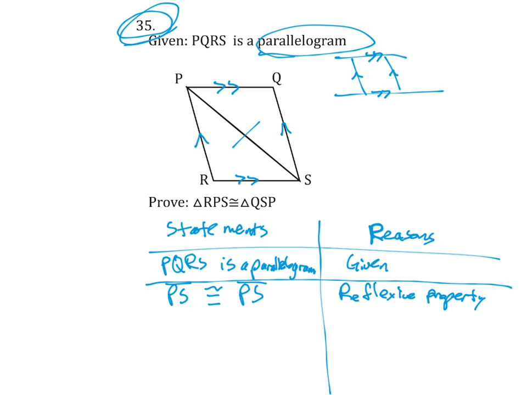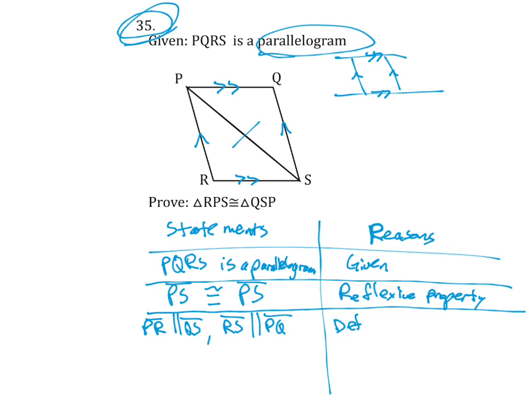And so I'm actually going to write that down. That's going to be an important part of this proof. So I got side PR is parallel to QS, and side RS is parallel to side PQ. And that just comes from the definition of parallelogram.